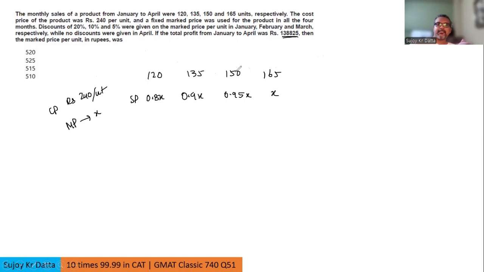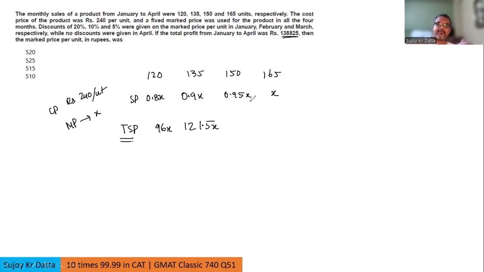But it doesn't really matter. We can just multiply as it is. So the total selling price would be 8 times this is 96x. 0.9 times 135 would be this.